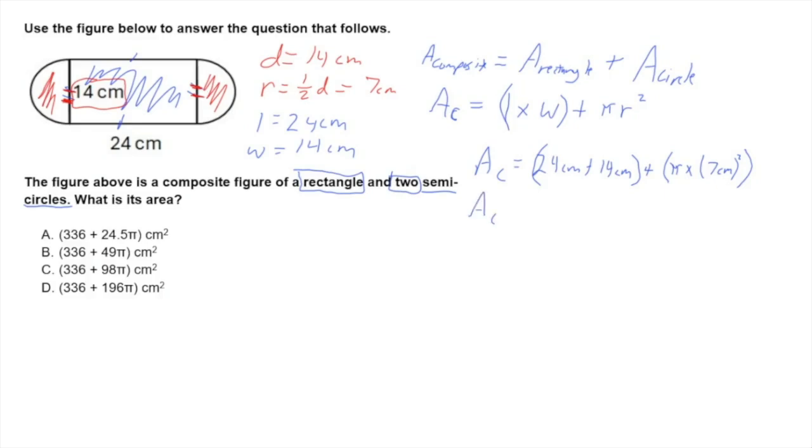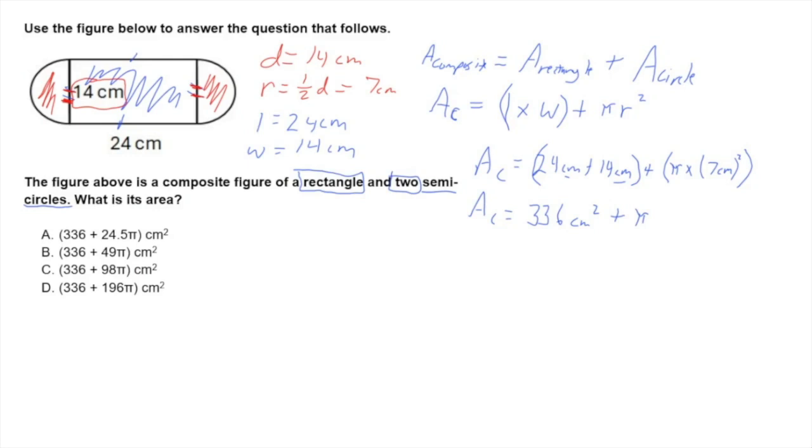So the area of our composite equals 24 times 14, which is 336. And we've got centimeters times centimeters, so that's centimeters squared, plus pi times, and we have 7 centimeters squared.